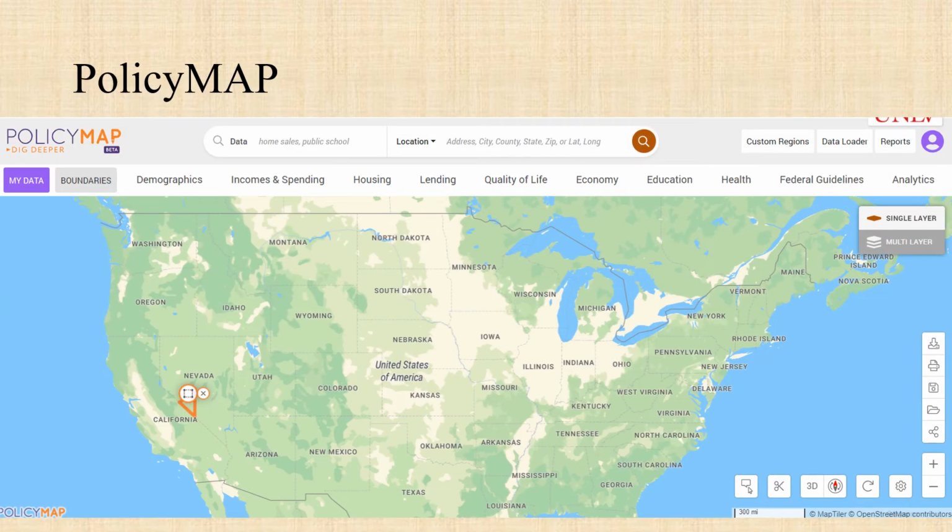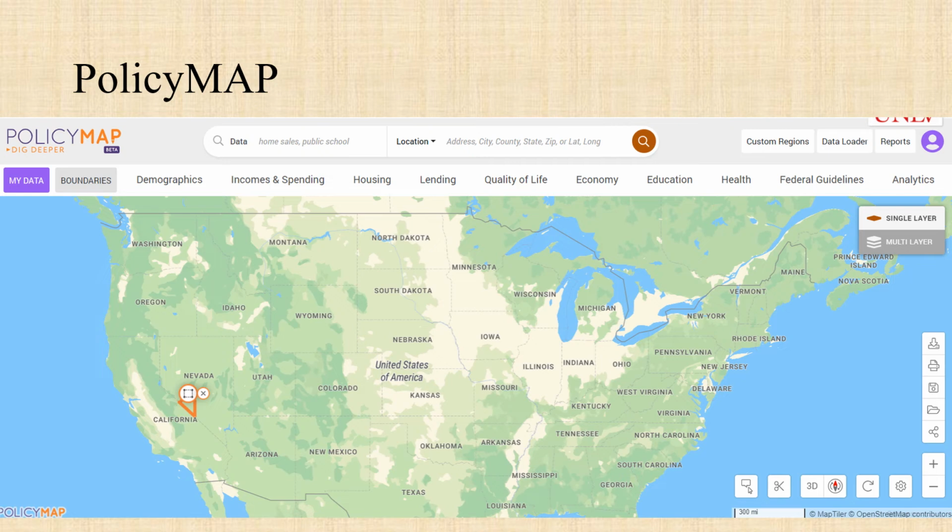Next on the list is the Policy Map. Policy Map is a new beta design that we are testing here at UNLV. It provides information on specific areas, and so you can go in and you can find out about demographics, incomes and spending, housing, lending, quality of life, the economy, education, health, etc. for individual counties within a state, and even in some cases metropolitan areas.